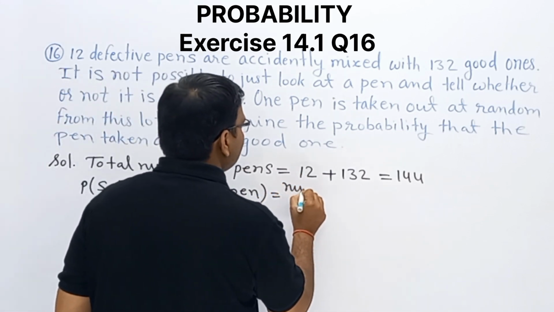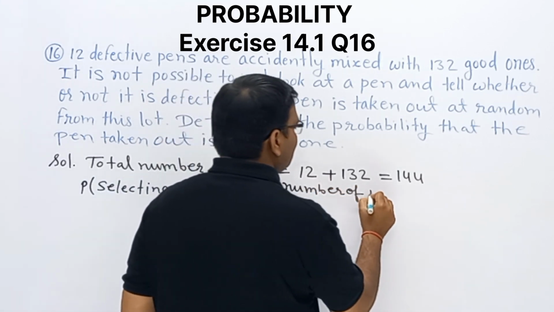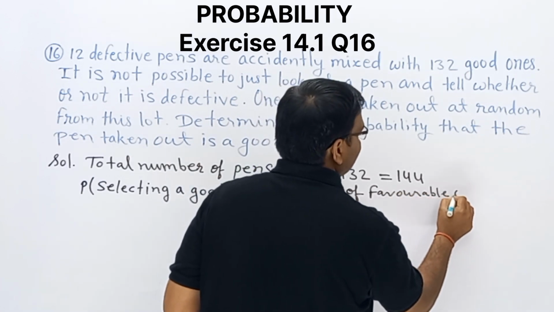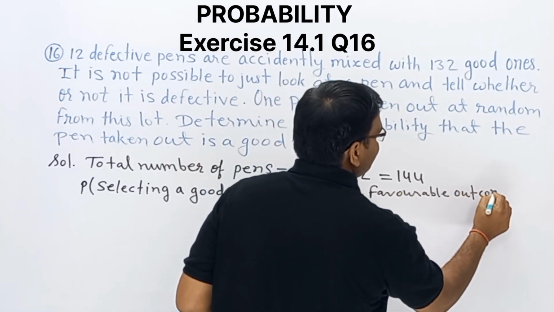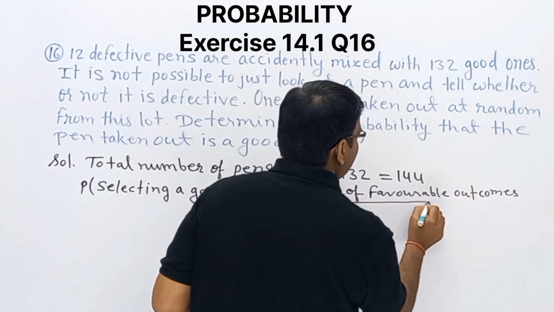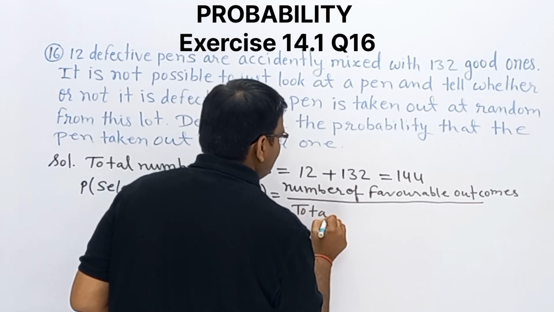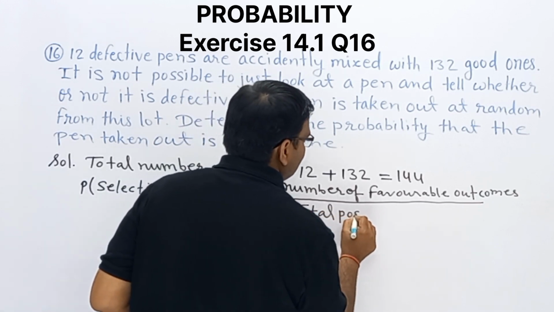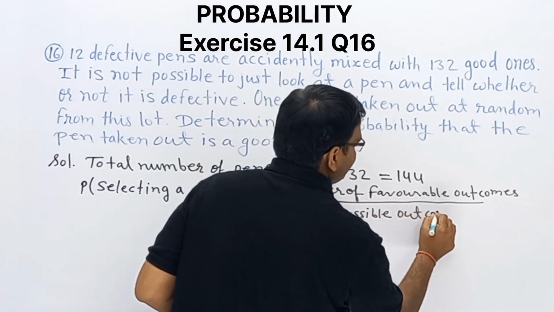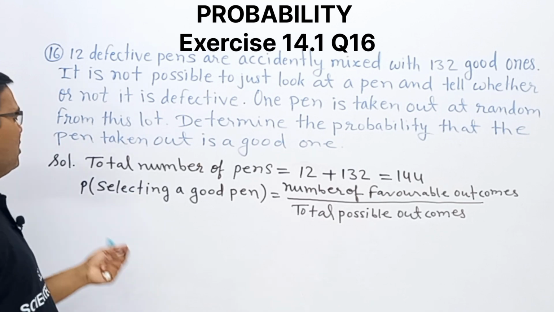Number of favorable outcomes divided by total possible outcomes. Observe carefully. This is the formula.